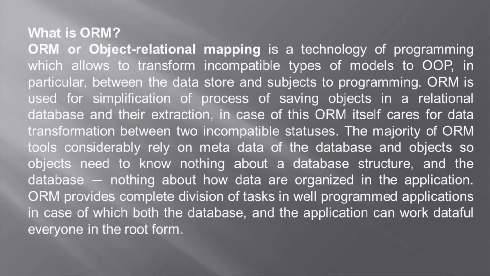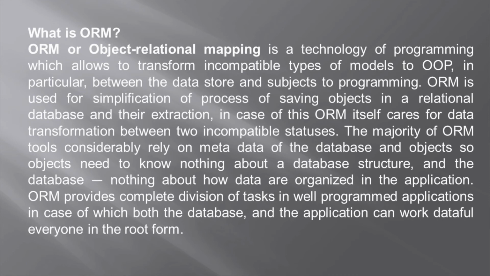Now I want to talk about what ORM is. It means object relational mapping. It's a programming technology which allows converting incompatible types of models in OOP, in particular between the data store and programming objects. ORM is used for simplification of the process of saving objects in a relational database and their extraction.